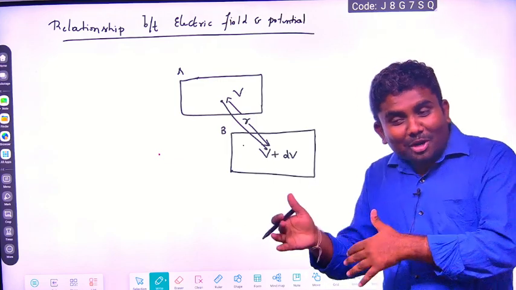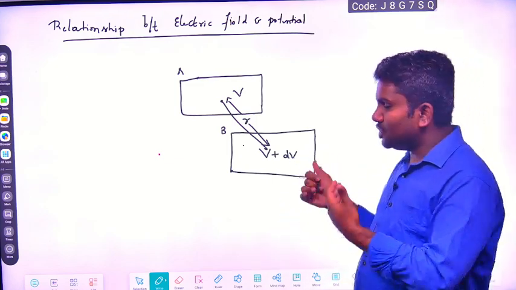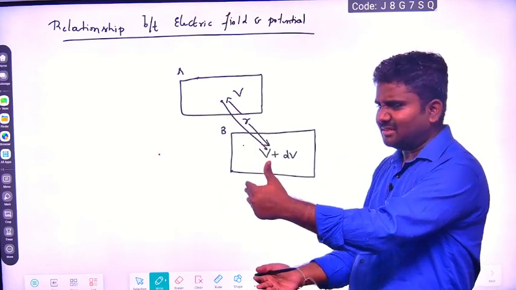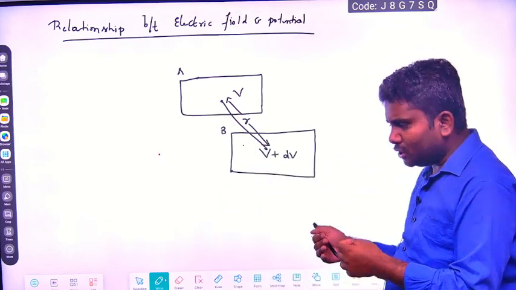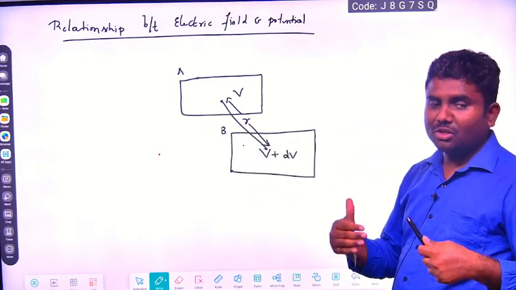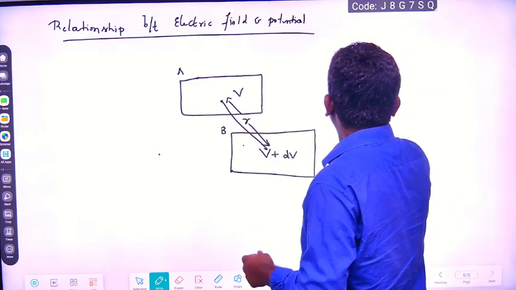But lower potential to higher potential is hard, because higher potential gives maximum electric field, and lower potential means less electric field. So if you want to move a charge against the direction of the electric field, then you need to do more work.